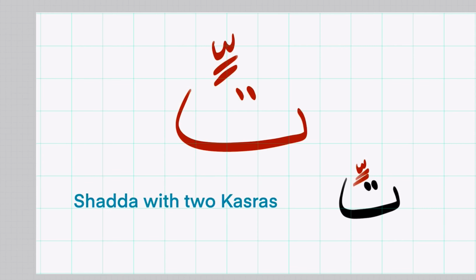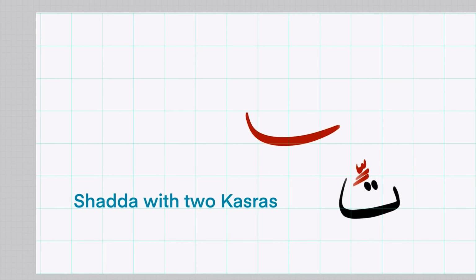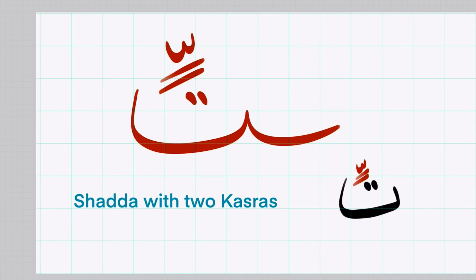And because there is a tanween here, it can only take place at the end of a word. How should it look if it is attached to a letter before it at the end of a word? This is the extension of the letter before. Let's try that again. A 10. Excellent.